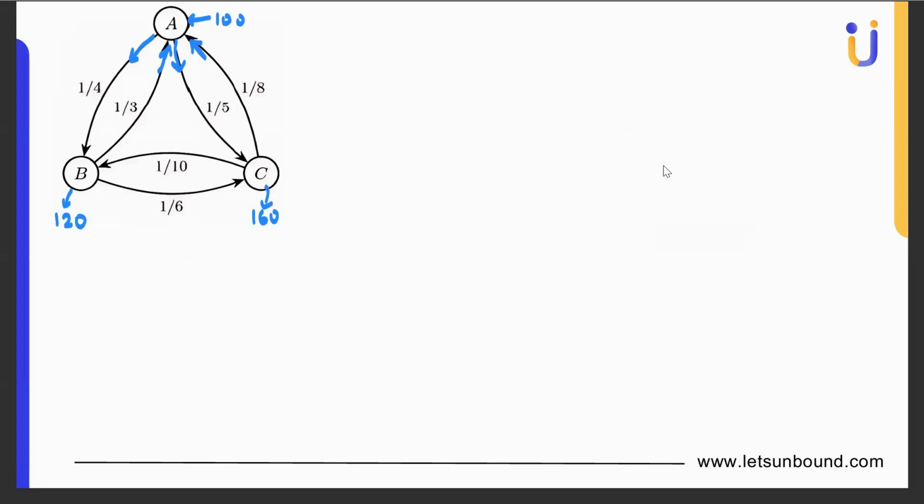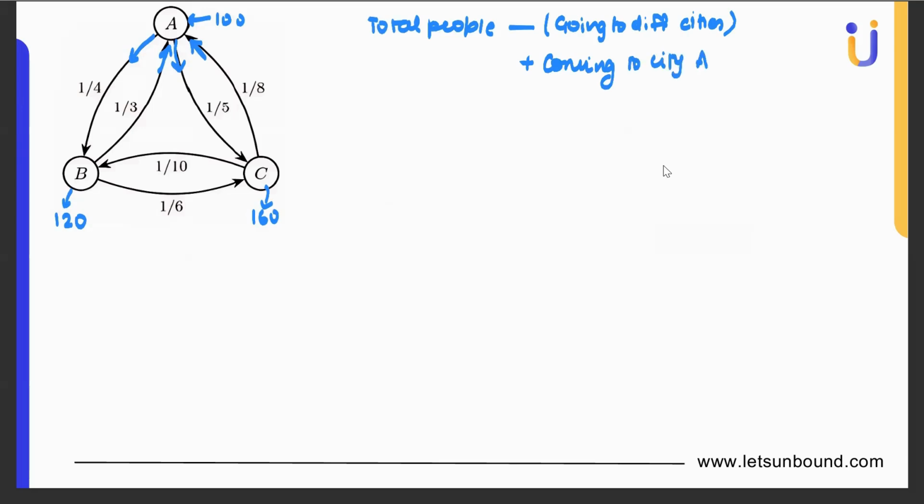So we have to take the total people, remove the ones who are going to work in different cities, and add the ones who are coming to city A, because that will give us the net number of people who are working in city A. First, let's calculate the ones which are going to different cities.